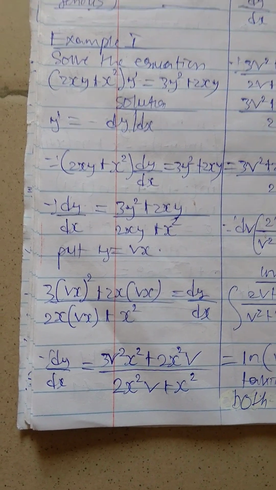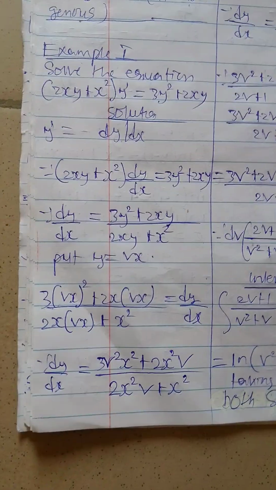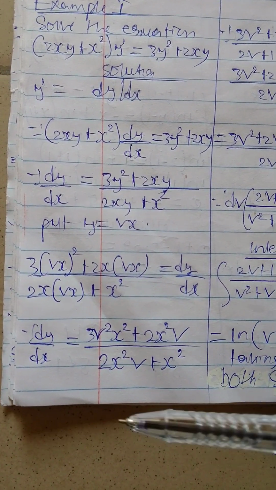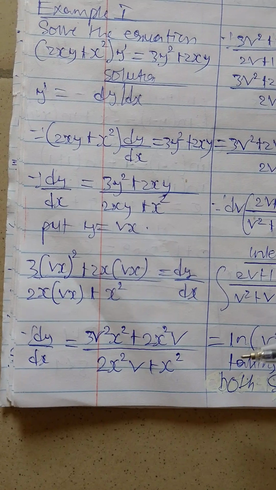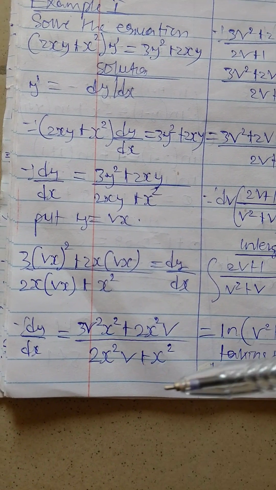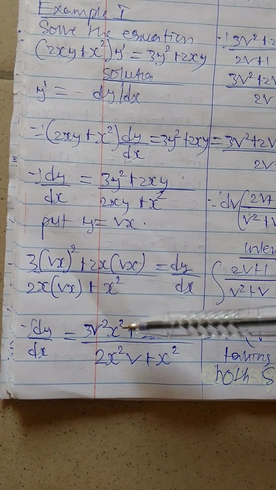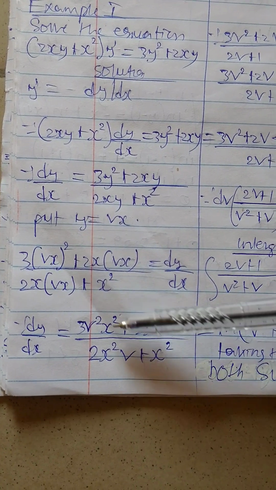Now after doing this, you know that I have to factorize everything here. So if I factorize, the thing that's common to both the numerator and the denominator is what? x squared.